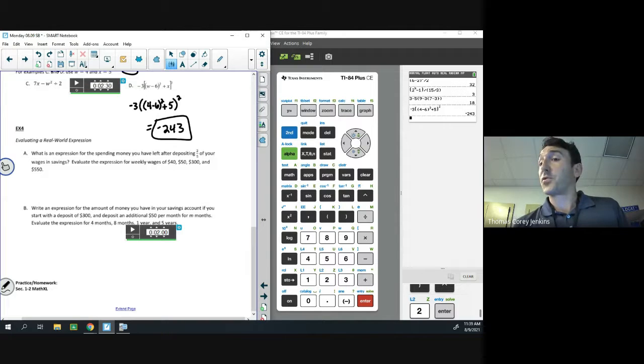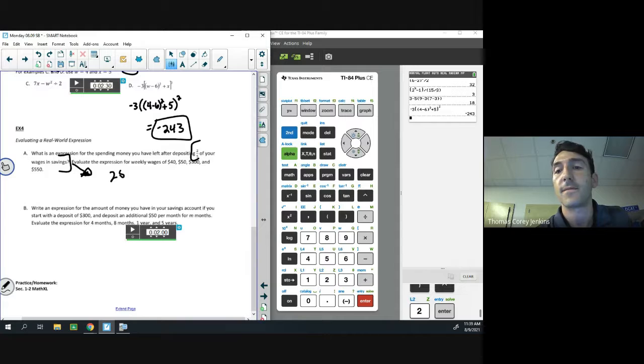So this would just be 2/5 of your wages, so that would just be 2/5 times whatever your wages are, okay? So that's just going to be 2/5 times W. Two-fifths W. That's our expression, and then we are going to use that to evaluate where W is 40, W is 50, W is 300, and W is 550.